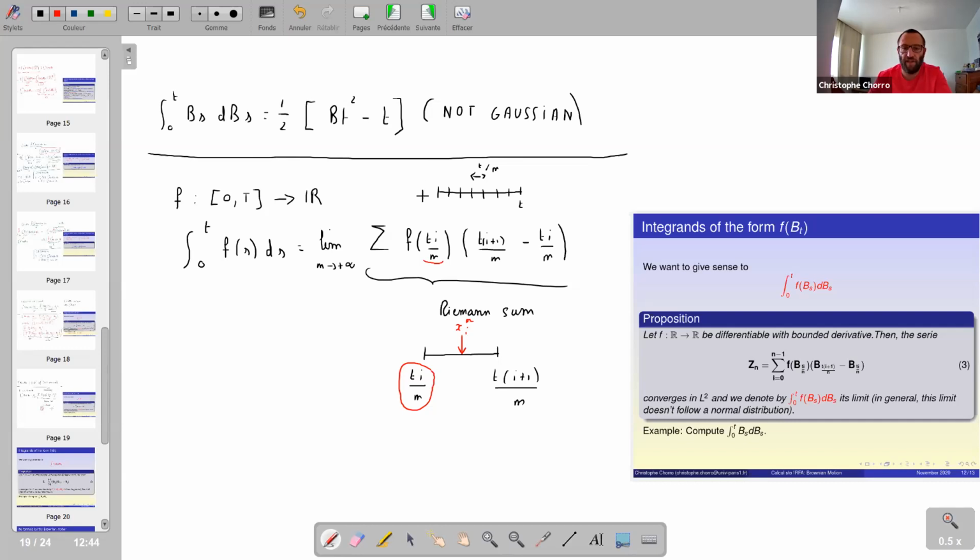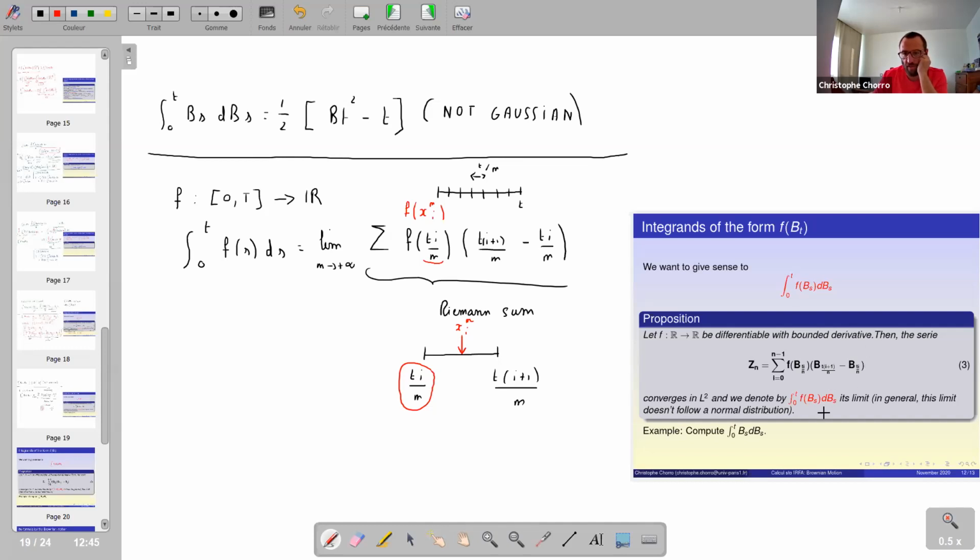Meaning that if in this Riemann sum I replace f of t_i by f of x_{i,n}, I have the same convergence. So in the Riemann sum theorem, the only thing I need is to take a point between these two bounds, in a large sense. In general, we take the lower bound, but if I take a point in the interval, typically I have the same thing. And it's what happens if I take, for example, for x_{i,n}, the middle of the interval. It again gives me what I want.